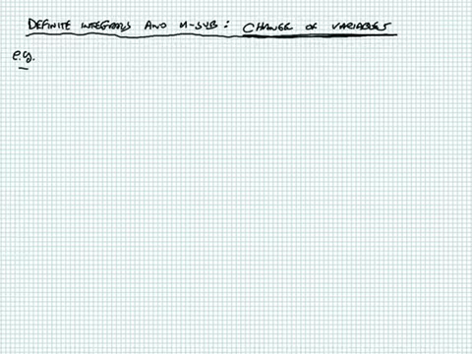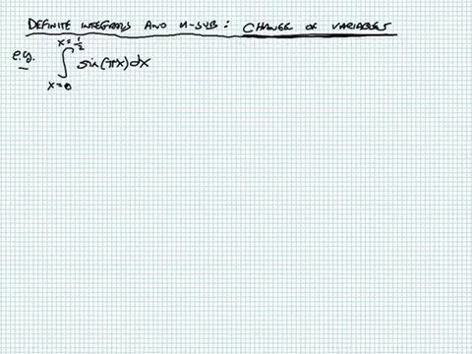So for example, let's say I have the integral from x equals 0 to x equals 1/2 of sine of pi x dx. So you can kind of see right away that we're going to have to use a u substitution. But here's what's really important.